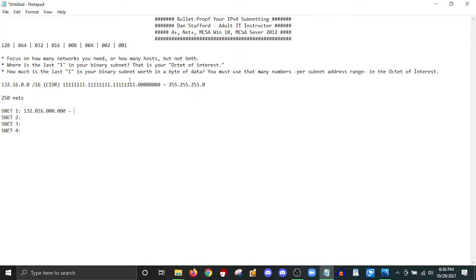And now we're going to take a look. Where's that last one? Oh, it's still in the third octet. But how much is it worth in a byte? It's worth a value of 1 in a byte. So I only get to use one number in the third octet for each address range.